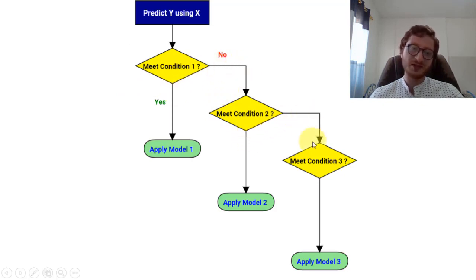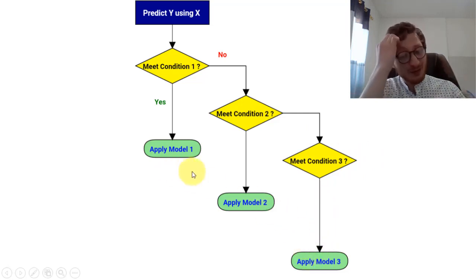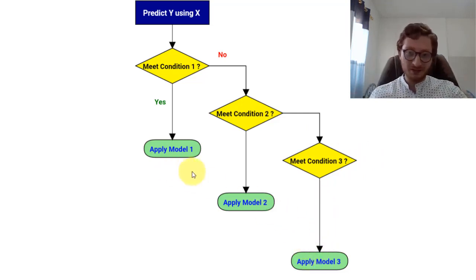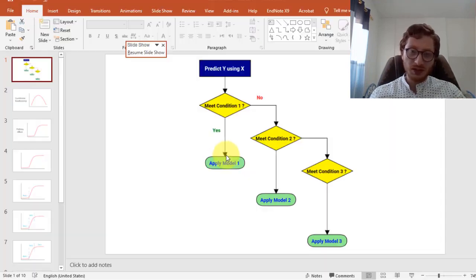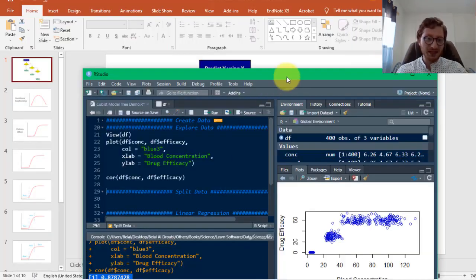So if we meet the first condition or the rules specified, we apply a certain model. If not, we move to a second rule and then a third rule. And of course, this can go up to a very large number. But the point is that in the end, you will reach an end where you cover all alternatives and you will apply different models. Bear with me if this sounds a little bit too confusing. We will explain it very well soon. So let's just follow with the examples.